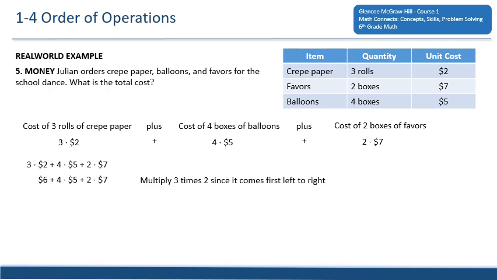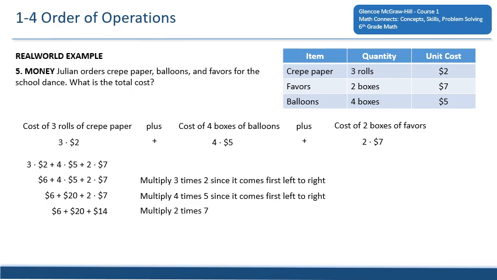So we're going to do the next set of multiplication first, which is 4 times 5. And that's going to be 6 plus 20 plus 2 times 7. And now we'll do the final multiplication, which is 2 times 7. We end up with 6 plus 20 plus 14. Now we're going to add left to right. 6 plus 20 is 26 plus 14. And then we're going to add the 14 and get 40.